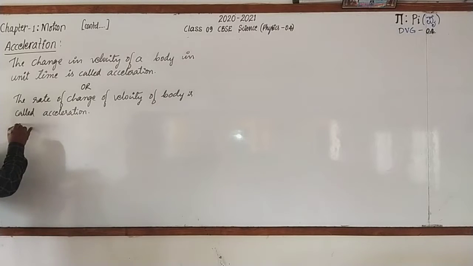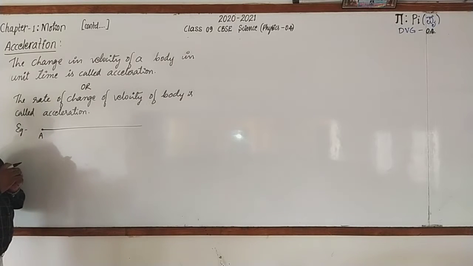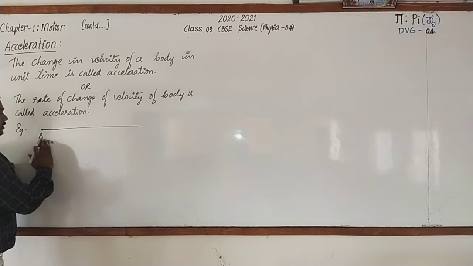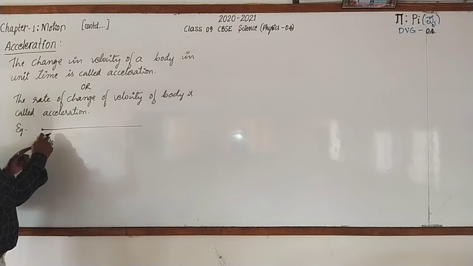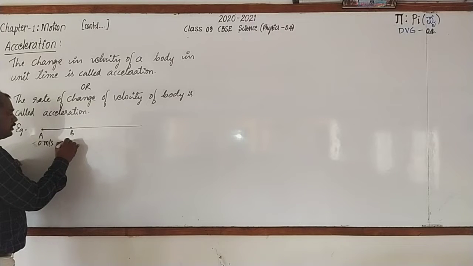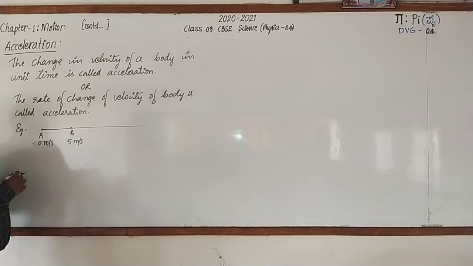Just I go for taking an example. Assume that this point A is the initial position of the object. Obviously, what is the speed of that object? It is 0. You may call it 0 meter per second. Then after some time, he comes to the position B and starts moving with a speed of 5 meter per second.